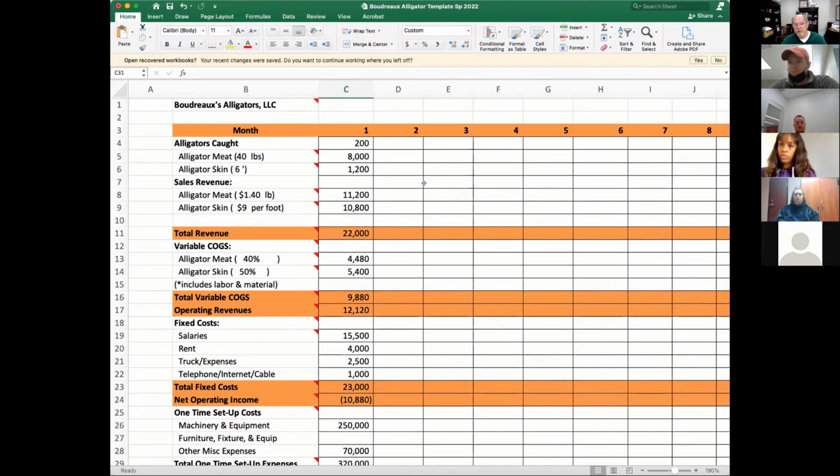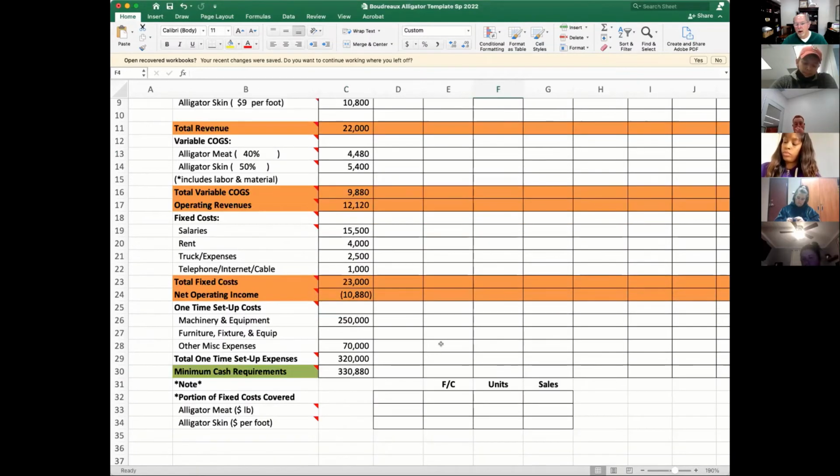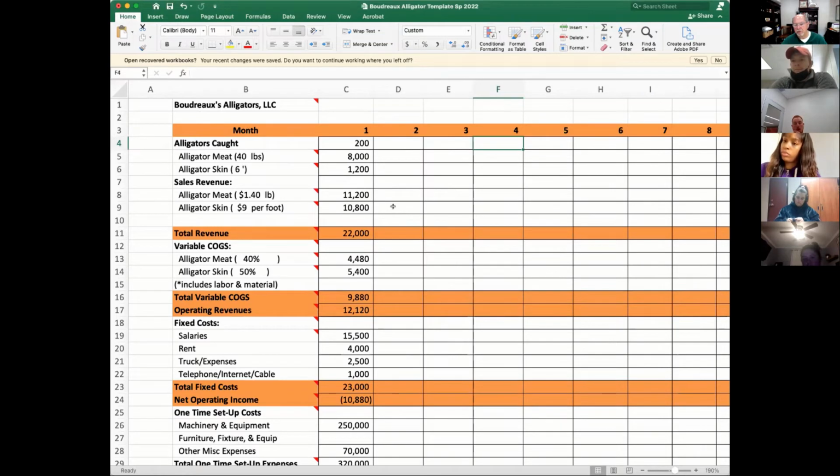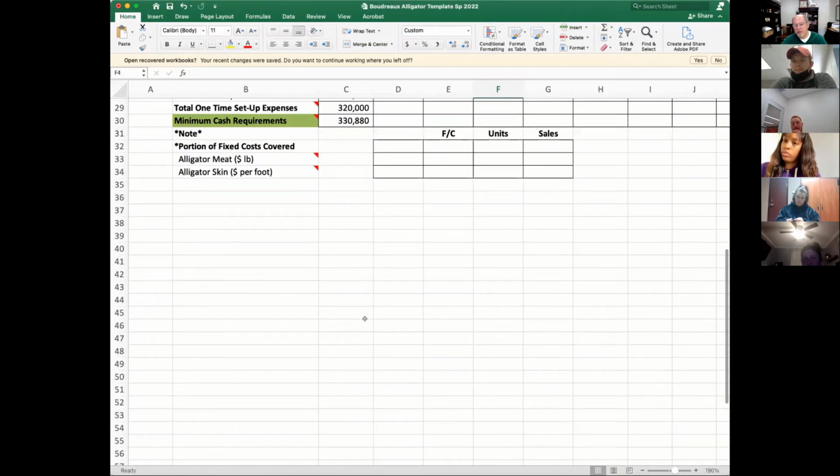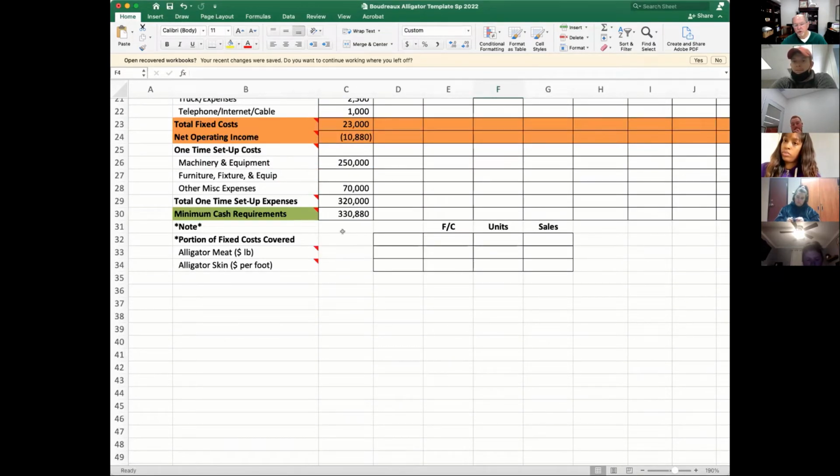All I'll require on a midterm exam is you'll build this, you'll need the minimum amount of cash you'll need, and you'll have to do the break-even analysis to show in alligator skin how many units will be required for him to get to break-even. Go ahead and do the break-even analysis.